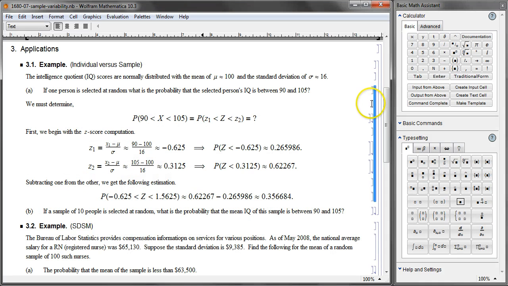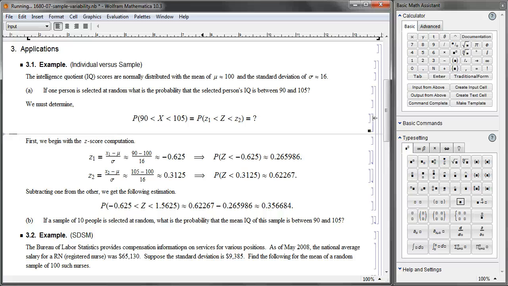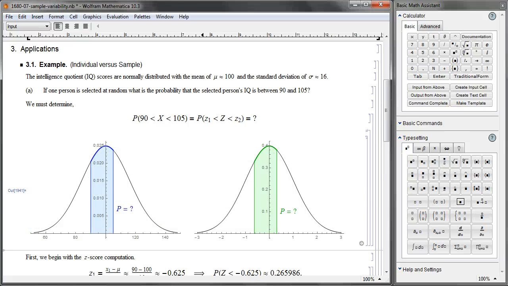We have this kind of picture where we have to find out the area of the shaded region between 90 and 105. Well, we have normal distribution around x equals 100, and then 90 is over here, 105 is over there, and we want to find out the probability of the middle part, which means the area of the strip.